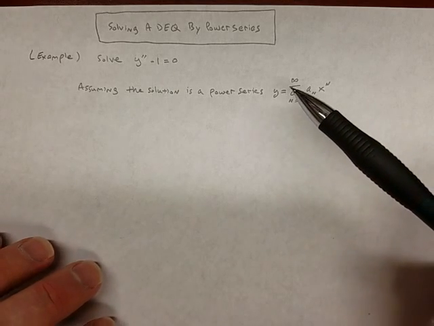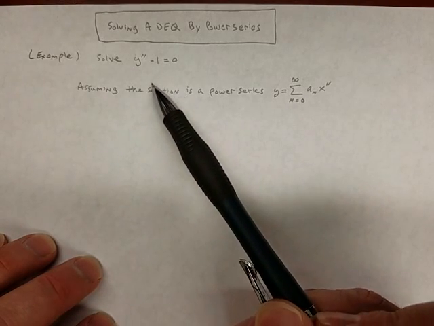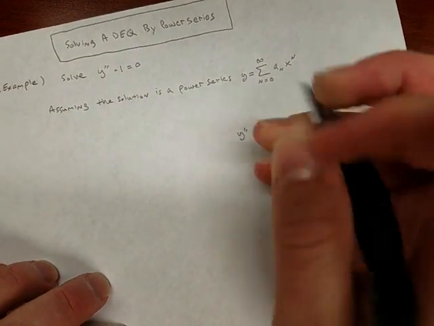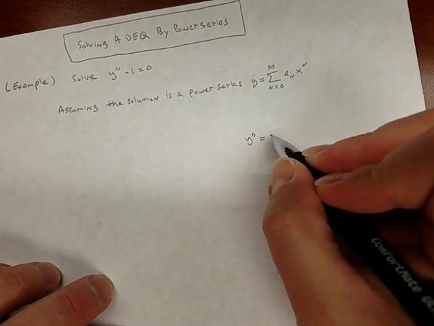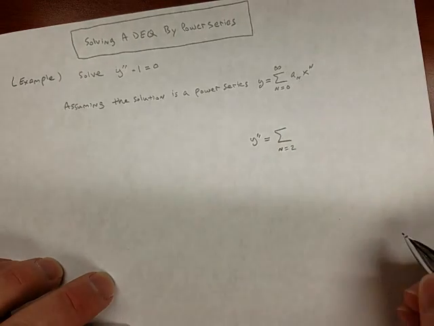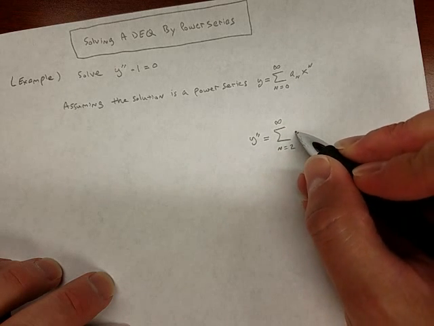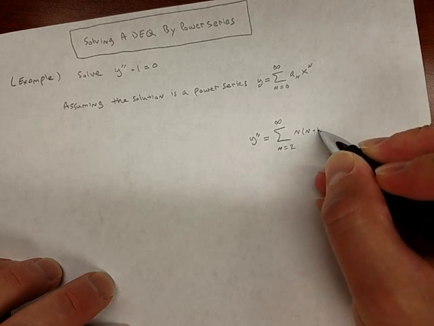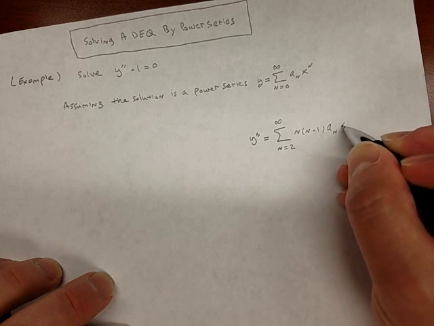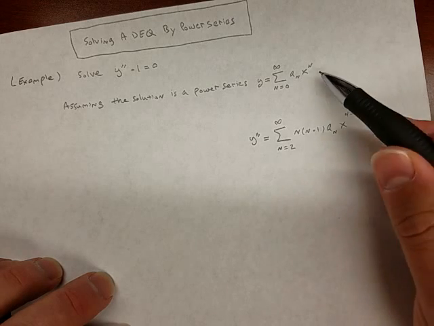Okay, now I'm going to make this work up there. If that's y, and I need y double prime, I have to appeal to the rules of calculus, and I'll find that this series, term for term, is the derivative of that one.